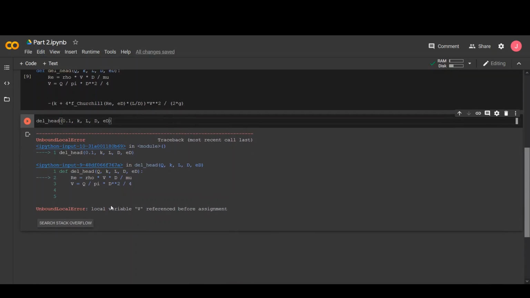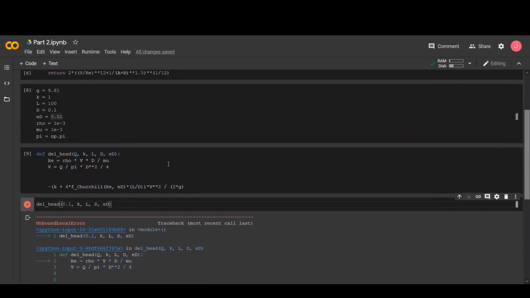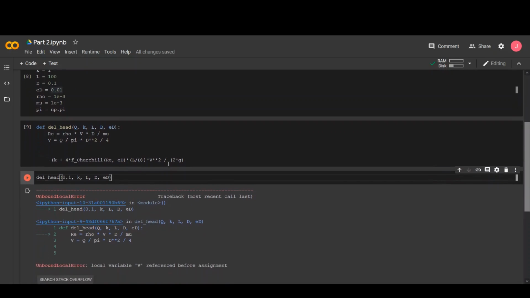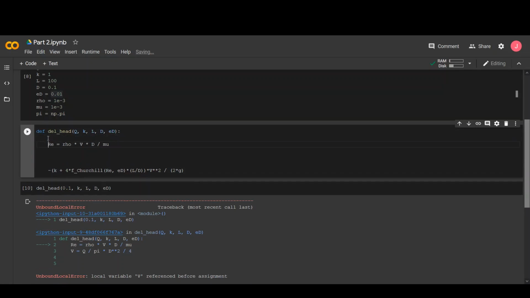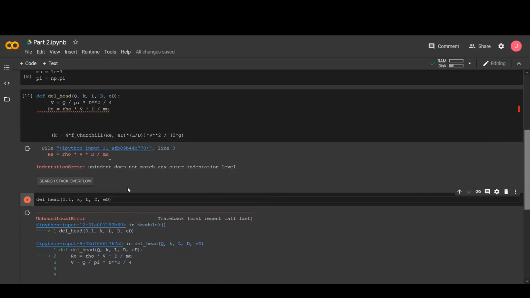So let's see what happens. Got an error: local variable v referenced before assignment. Oh, I have to change the order of this because the Reynolds number doesn't know what v is yet. Alright, let's see if that fixed it. Nope.